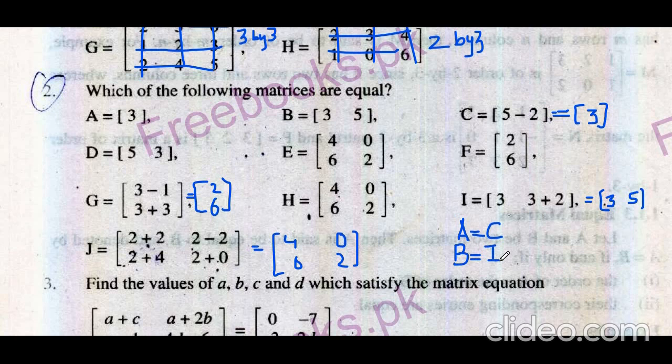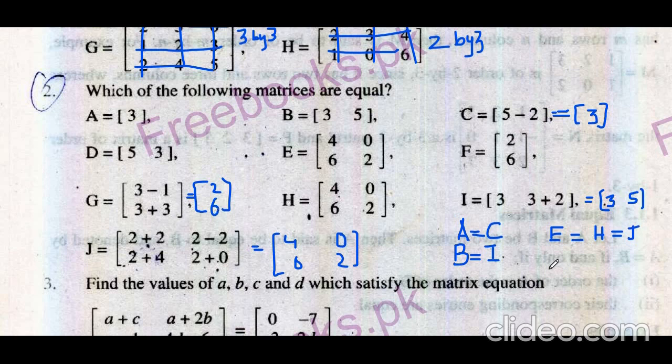Okay, rest D, 5 and 3. Next E, 4, 0, 6, 2. E, H and J are equal. All have the same entries and the order is also the same, so we can write E equals H equals J. Okay, then F, 2, 6.